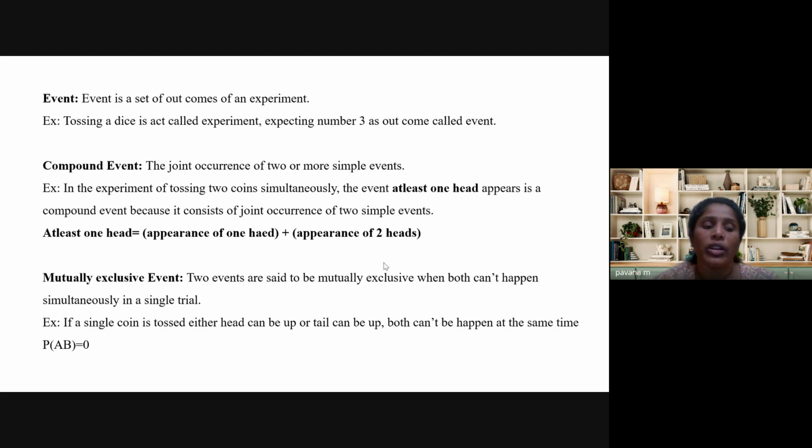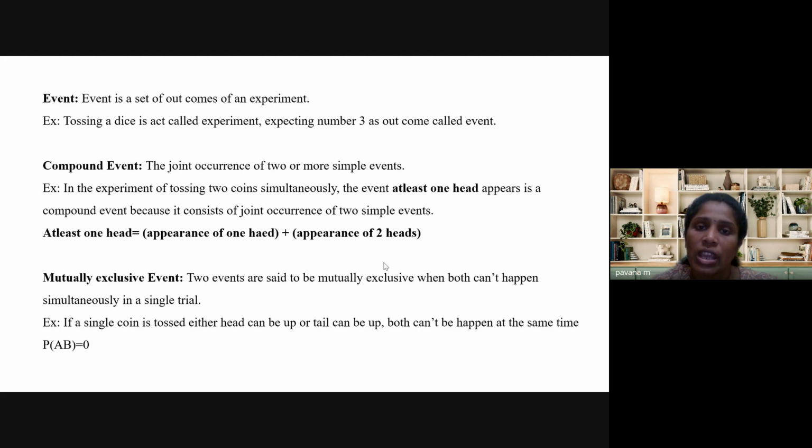And what are mutually exclusive events? Two events are said to be mutually exclusive when both cannot happen simultaneously in a single trial. So when you do an experiment, these two results cannot happen in that particular experiment. When you toss a coin, you can't expect both head and tail to occur.